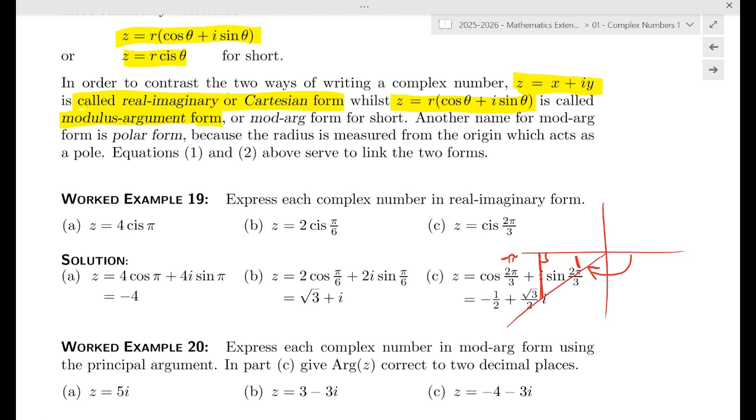If it was 45 degrees, for instance, that would be pi on 4. So if you did minus pi plus pi on 4, you'd end up at minus 3 pi on 4. So was the answer 2.49? Yep, 2.5. So that's the radians. That's the argument.